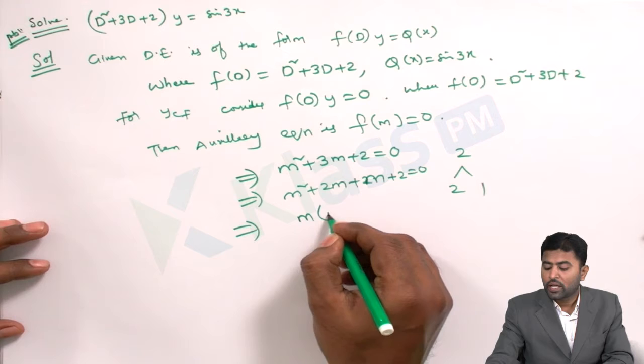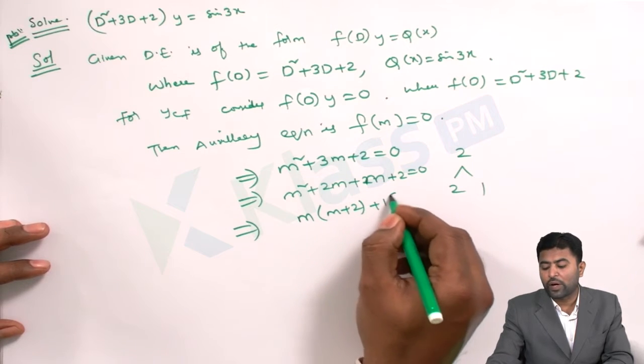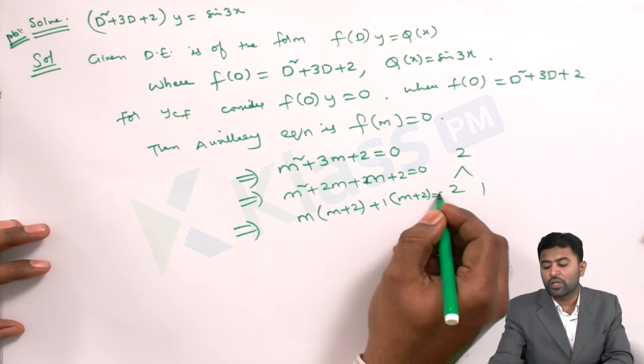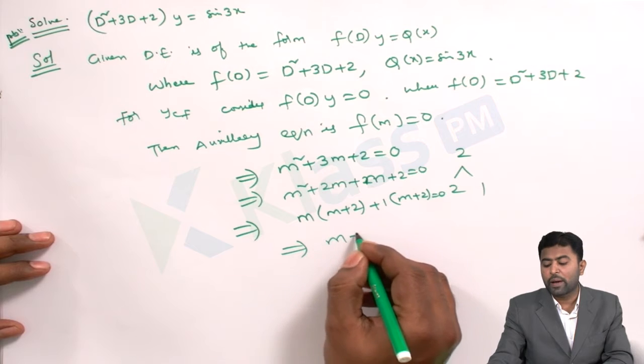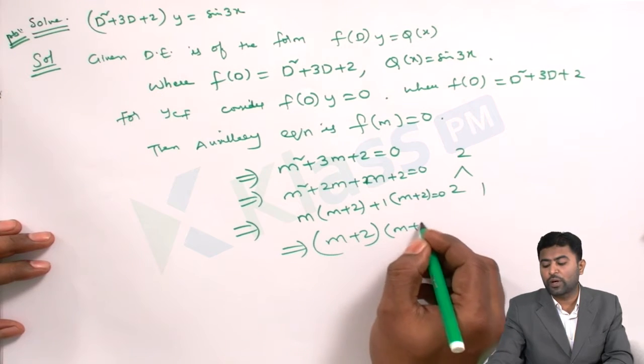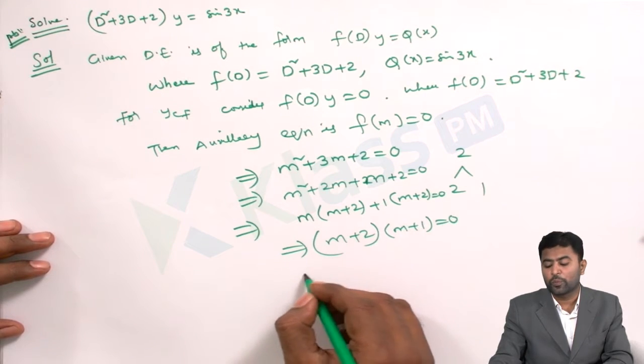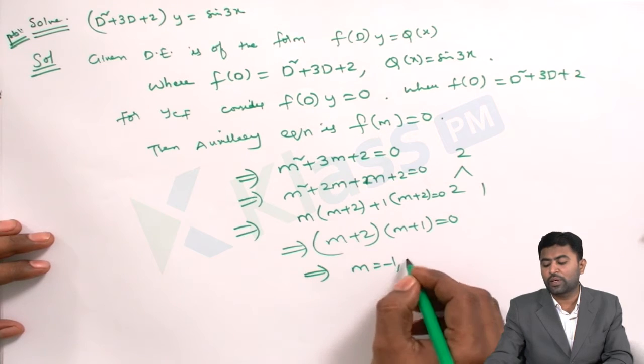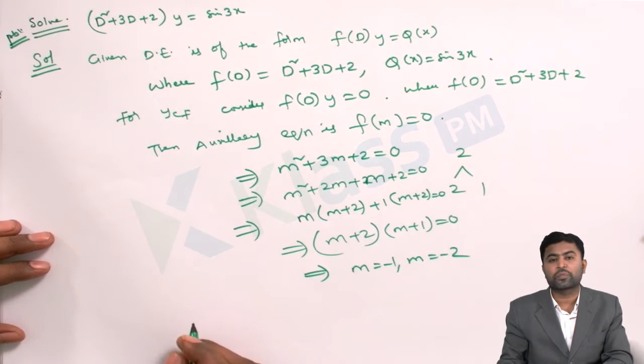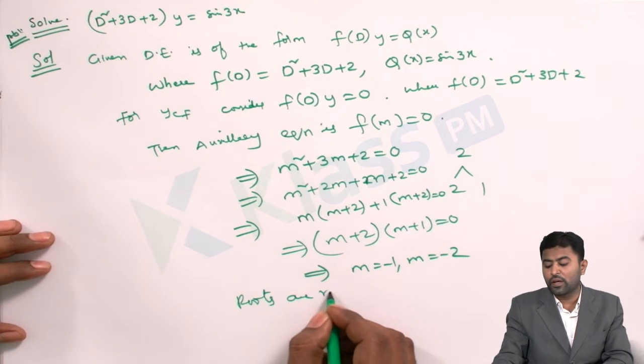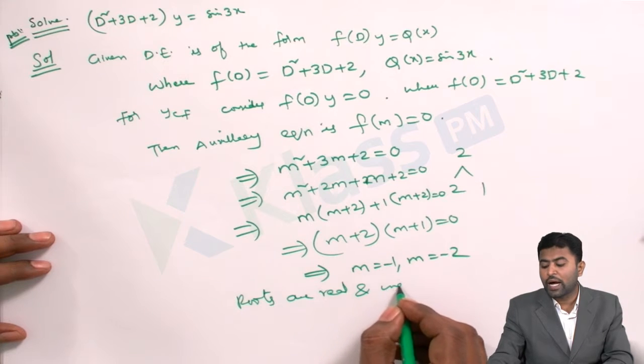So m into m plus 2 plus 1 into m plus 2 equal to 0. So this gives m plus 2 into m plus 1 is equal to 0, which implies m is equal to minus 1, m is equal to minus 2. So roots are real and unequal.